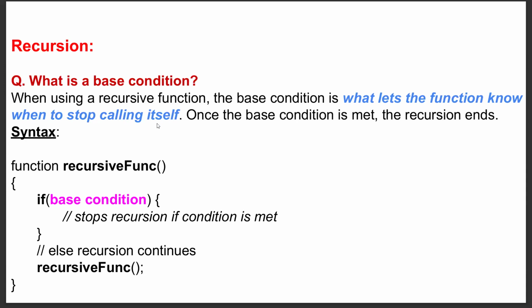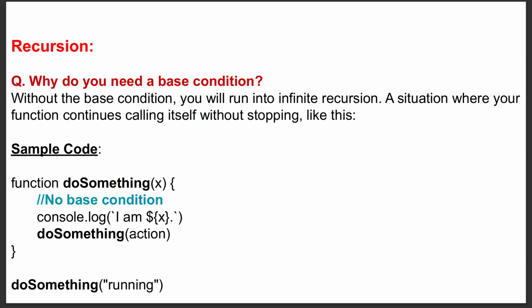I'll repeat, the base condition tells the code when to stop the recursion, because recursion is continuous calling. In the syntax, we have to write logic that tells when to stop the recursion. Why do we need the base condition? I just explained.